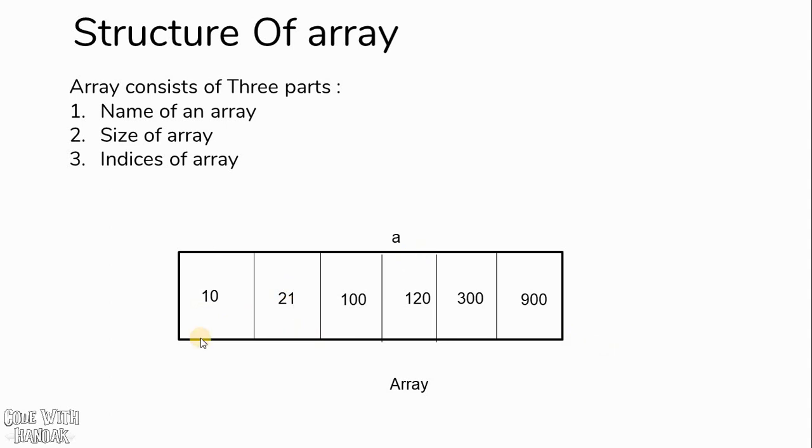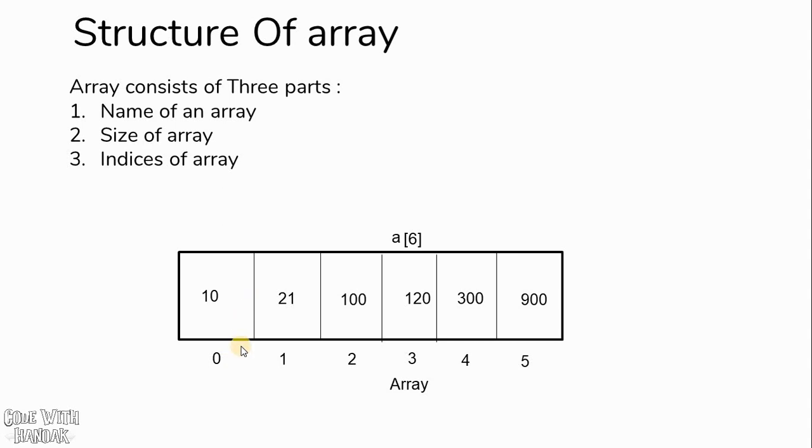So A contains 6 elements, and I call it an array of 6 elements. And as we have studied, the indices of an array are nothing but each element having its index.